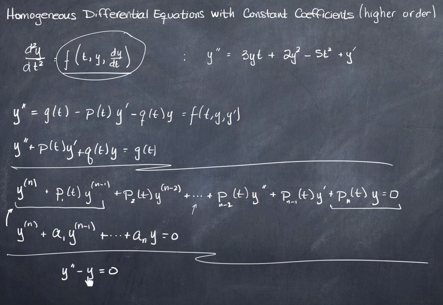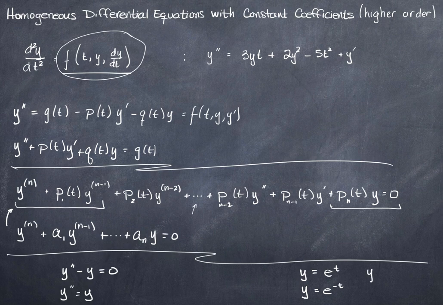What that means is that these two functions have to be the same. I could add y to both sides here, and I'd get this equation. Whose function is the same as its second derivative? Well, that's e to the t. So we say that one solution to this equation is y equals e to the t. Another solution turns out to be e to the negative t.